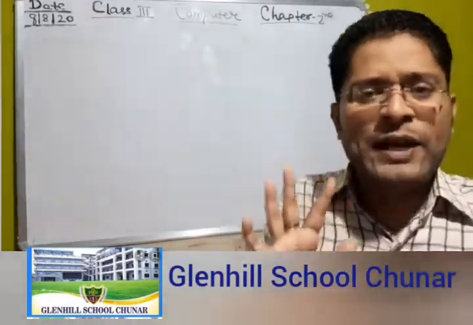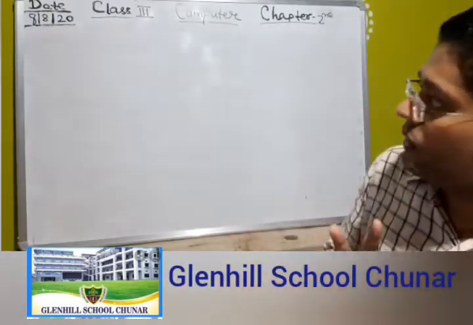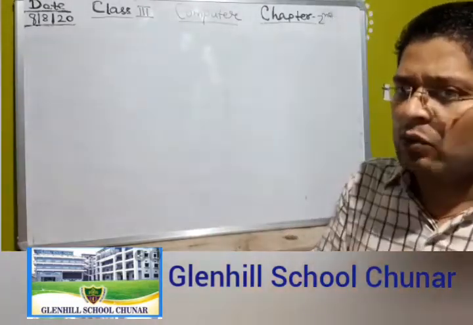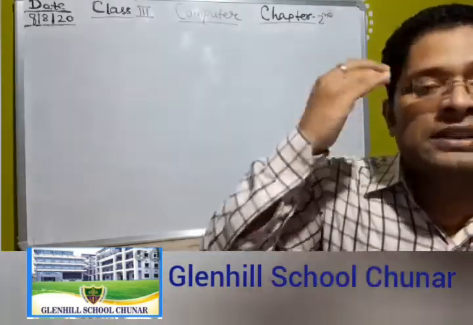So in this chapter there are only 5 points related to the hardware, with some examples of input devices, processing units, output devices and storage devices. So complete your chapter.